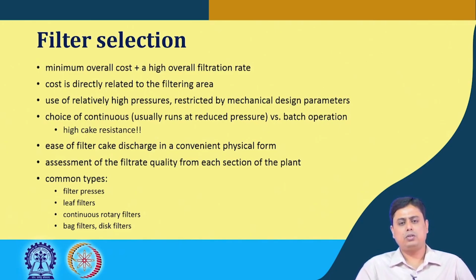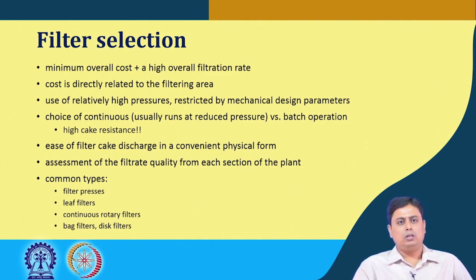This filtration process goes through a cascade of operations. So at each and every point, say you have a series of filters, and at the end of each filter as well as somewhere in between, if you want to determine the filtrate quality, how good the operation is, that should be easily done. Such a provision should be there when we choose a filter for a particular process.